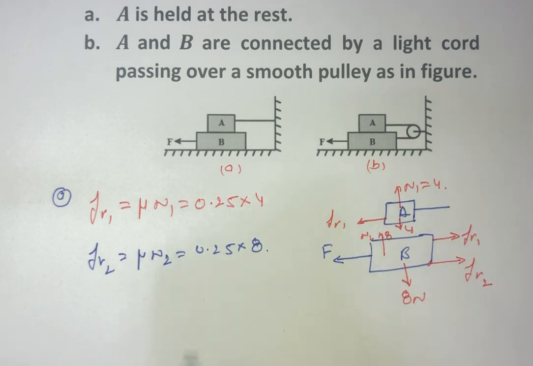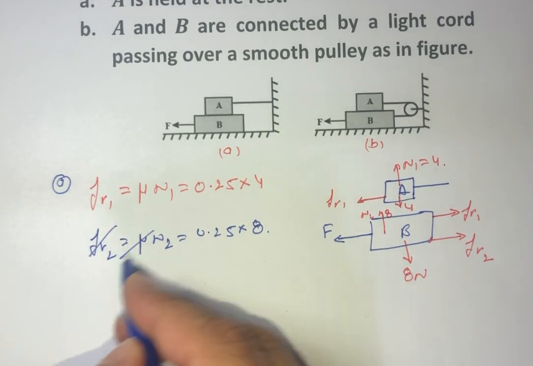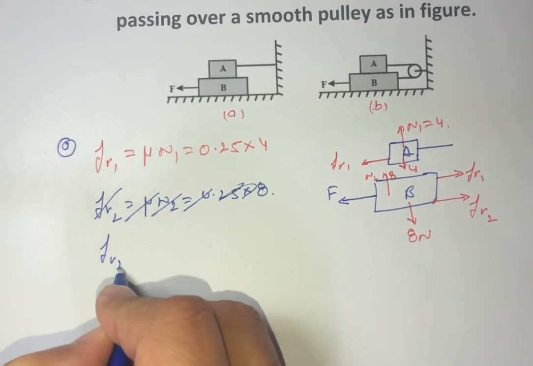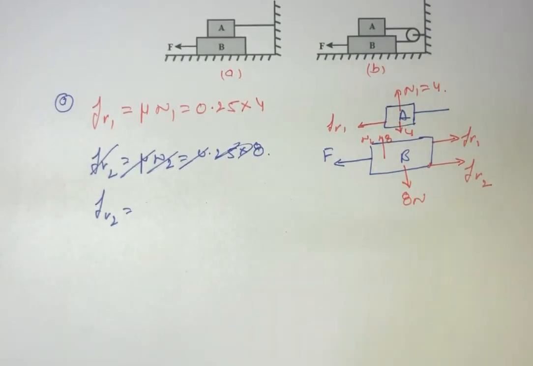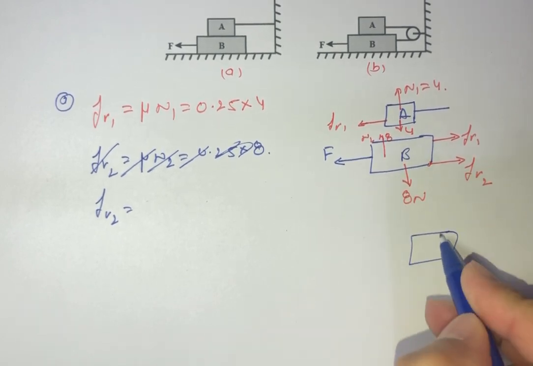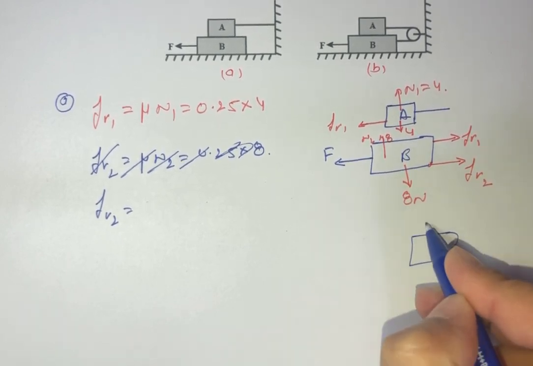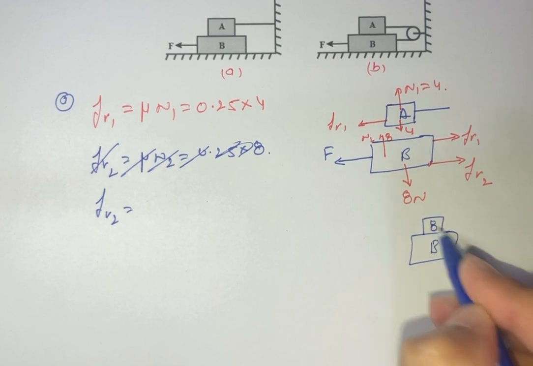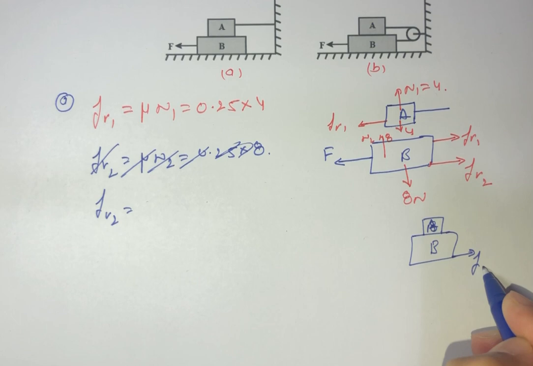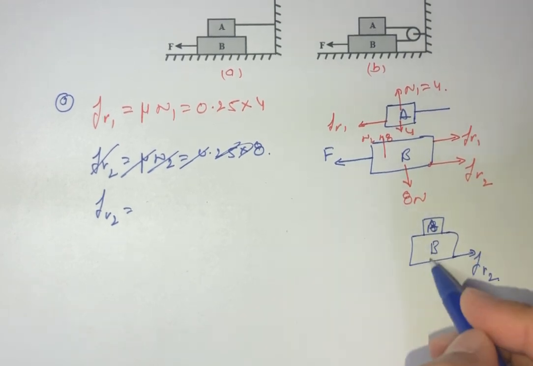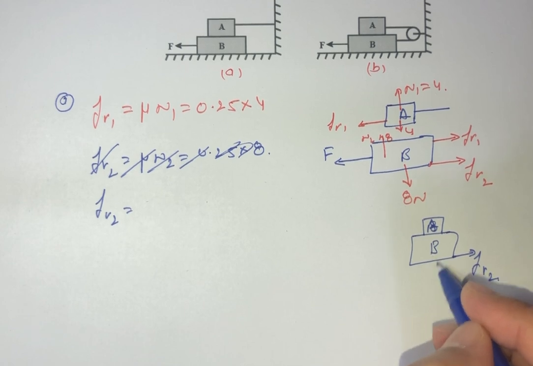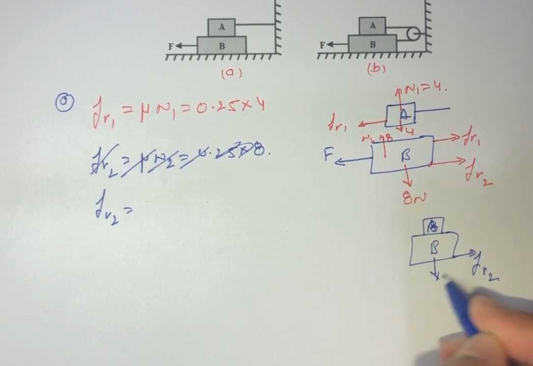Oh, sorry, my mistake. Fr2, let me draw it here. This is my B and this is A. So this is our Fr2. Okay, so the combined weight of both will be acting in the downward direction.